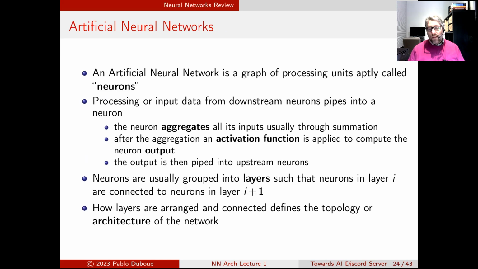All right, so artificial neural networks are a graph of processing units that receive the appropriate name of neurons.